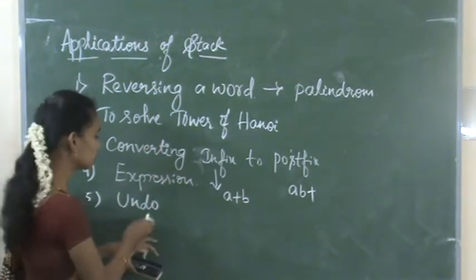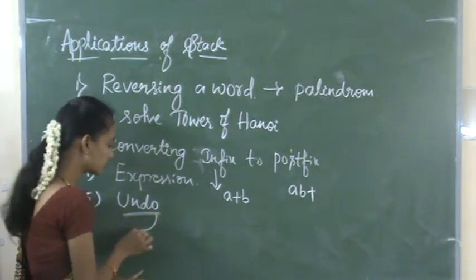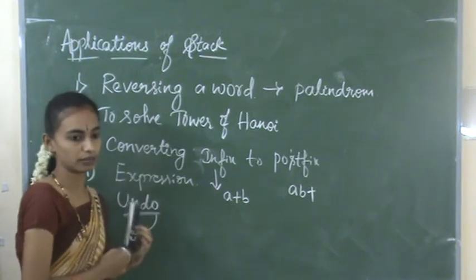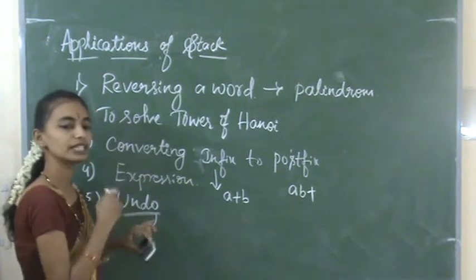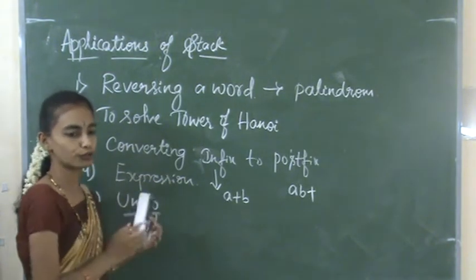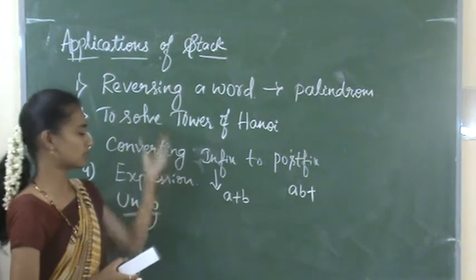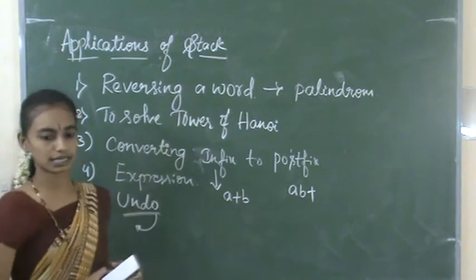If we do this operation, it will go back to the recently deleted element, right? Whatever we recently typed will be undone from the text. This mechanism works with the help of the stack.